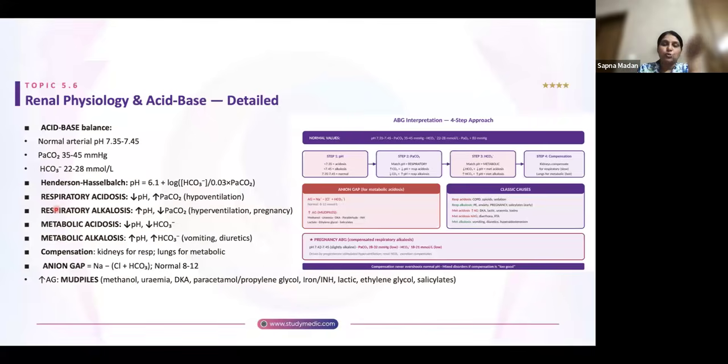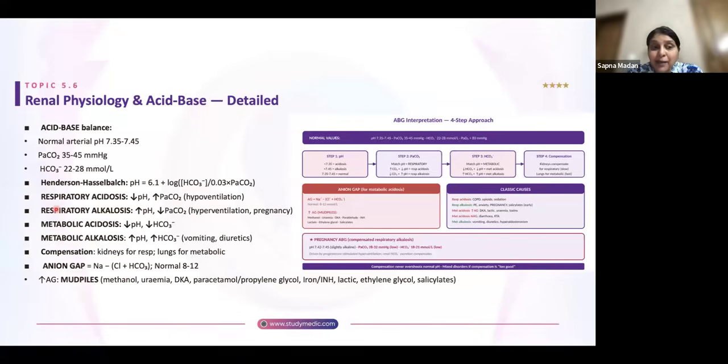Metabolic acidosis: pH is going down, bicarbs also go down. If the respiratory system is the primary problem, then the kidneys will compensate. If the kidneys are the primary organ causing the imbalance, then the lungs will compensate. So the compensation is by each other.